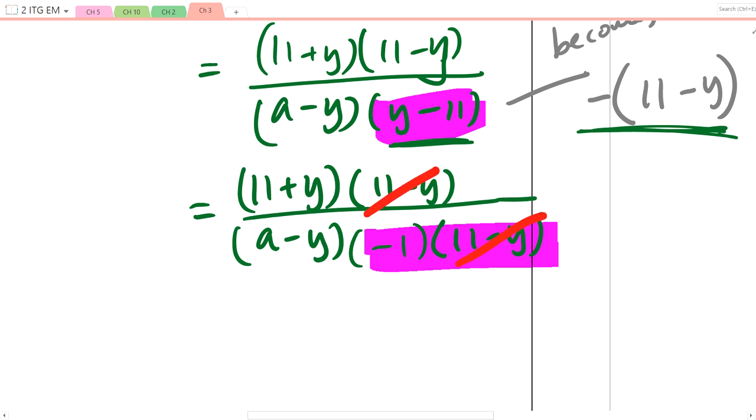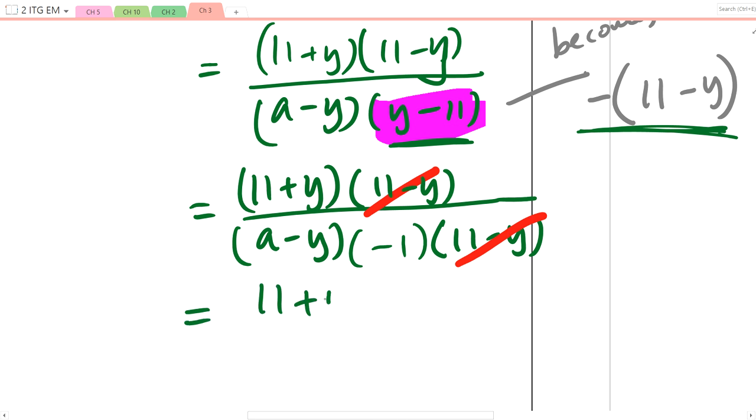11 minus y, 11 minus y. Leaving me with 11 plus y divided by, what is it divided by? Negative a plus y.